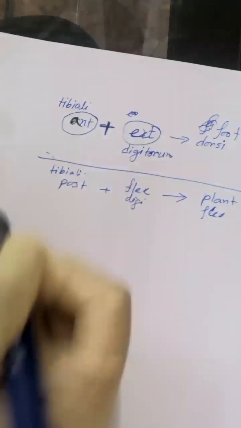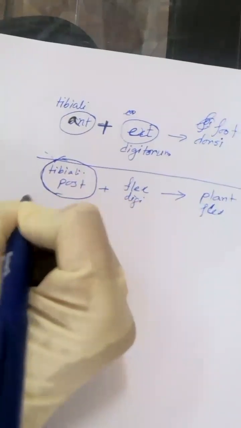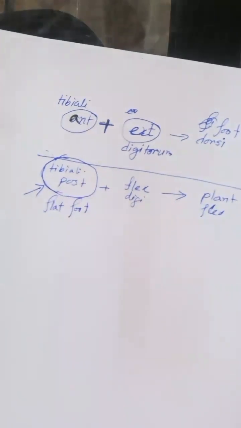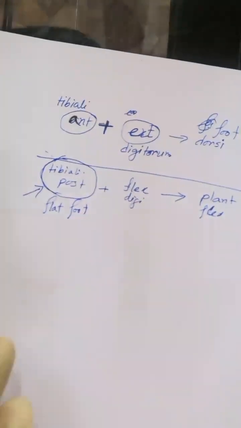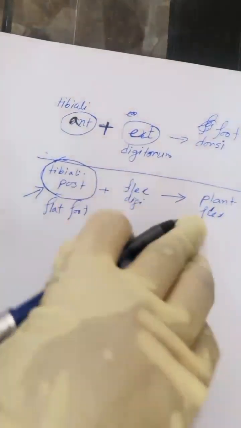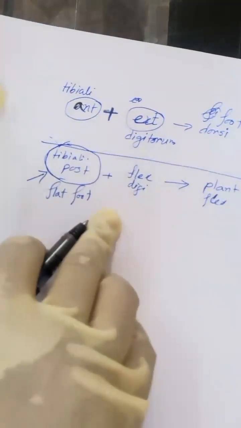Okay, so if tibialis posterior is hampered, there will be flat foot. They cannot flex. This one, digitorum, is also causing flexion plus inversion.